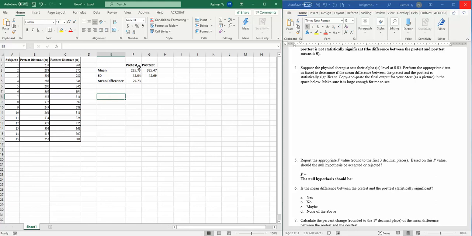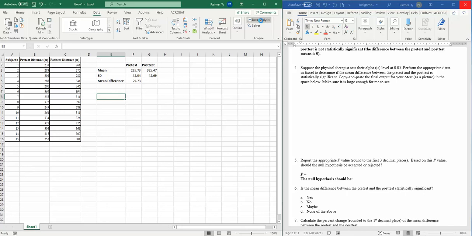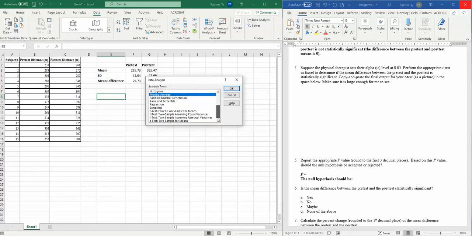To perform the t-test in Excel, go to Data, go to Data Analysis, scroll down to the bottom and you see those 3 t-tests I was talking about. Remember, these 2 right here, that's what we looked at in the previous assignment. These 2 t-tests are independent samples t-tests.